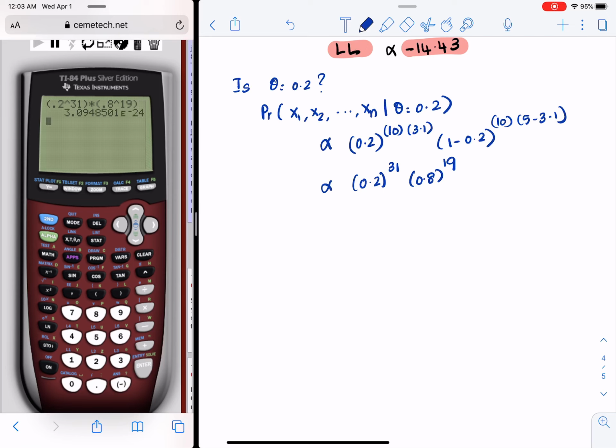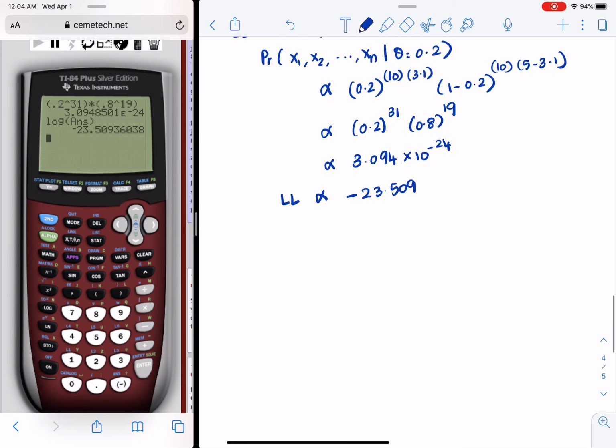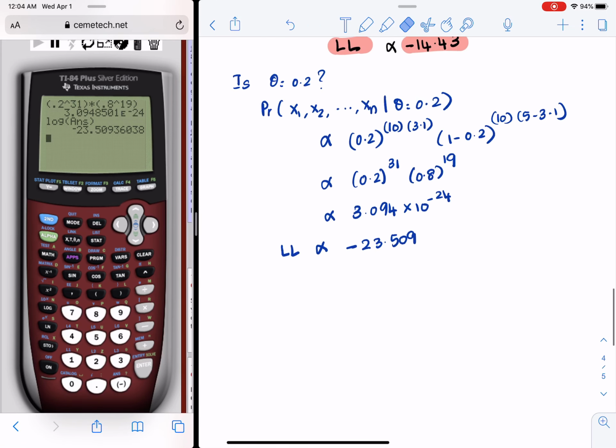And that ends up being 3.094 times 10 raised to negative 24 in the log scale. We end up having negative 23.509. So, which is more likely?